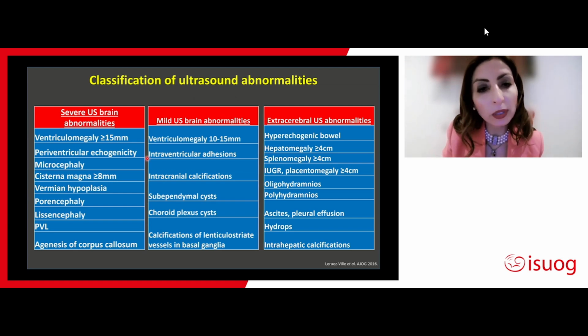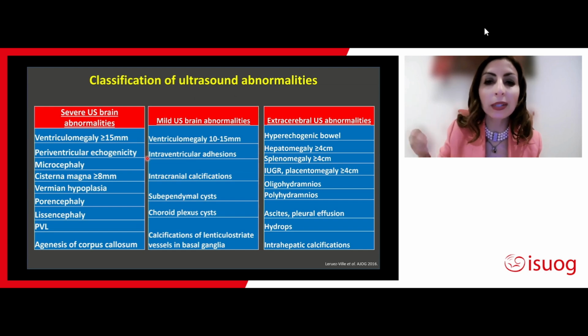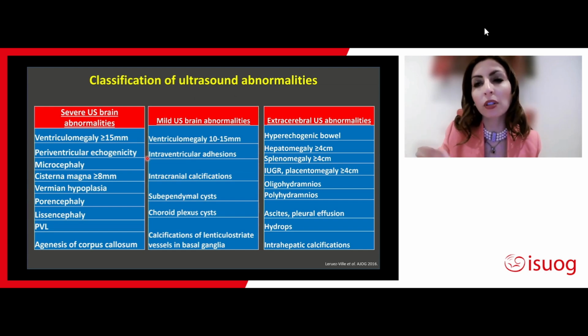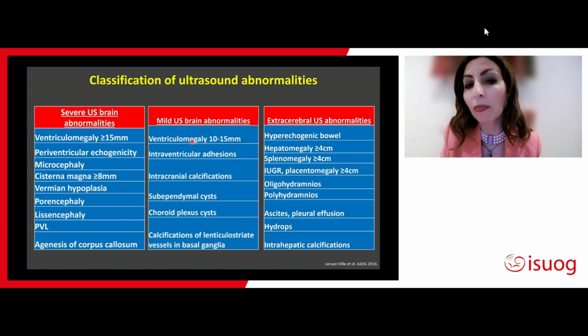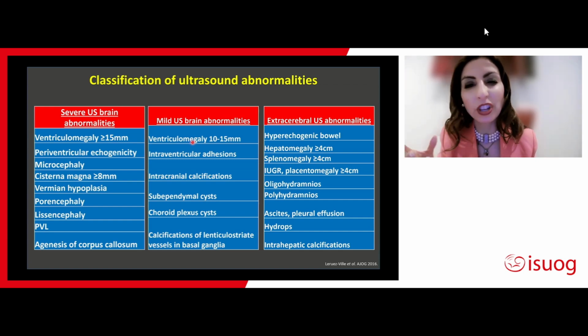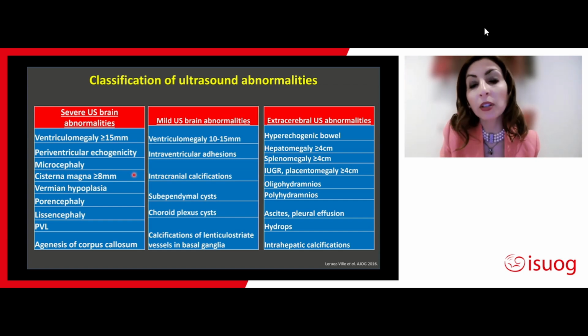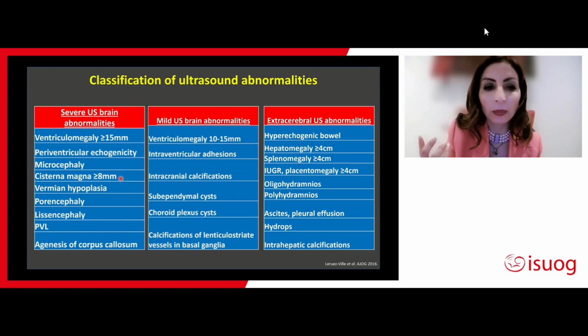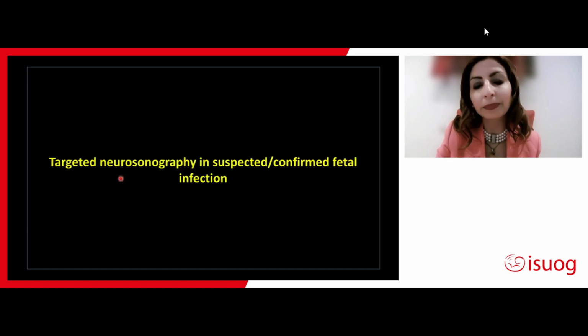It's important to highlight that, for example, even if you have ventriculomegaly, the prognosis is different from mild to severe. Of course, if you have severe ventriculomegaly in the context of congenital CMV infection, it's likely to have a more severe outcome compared to if you only have mild ventriculomegaly, or just a calcification, or just adhesions, compared to if you have cortical abnormalities, for example, or lissencephaly or microcephaly.